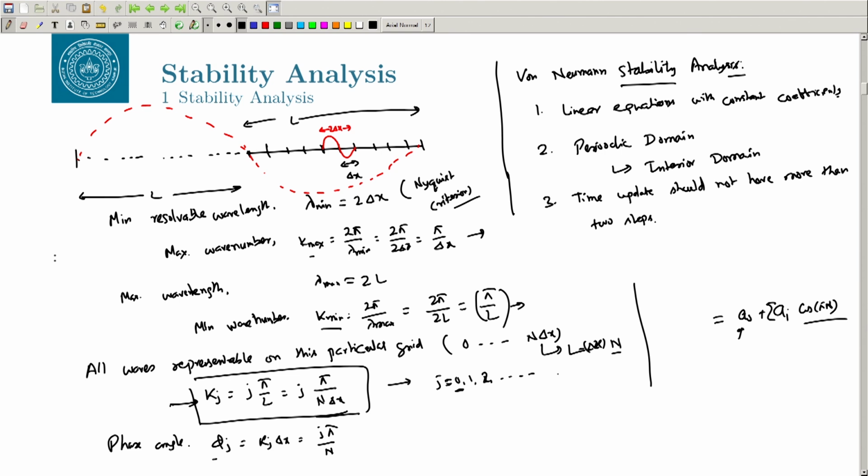Now we are in a position to write our input function, or any function, in terms of the representative wave numbers on the grid, right. So, remember that once you go from the regular grid to the Fourier mode, phi j will go from minus pi to pi, right.